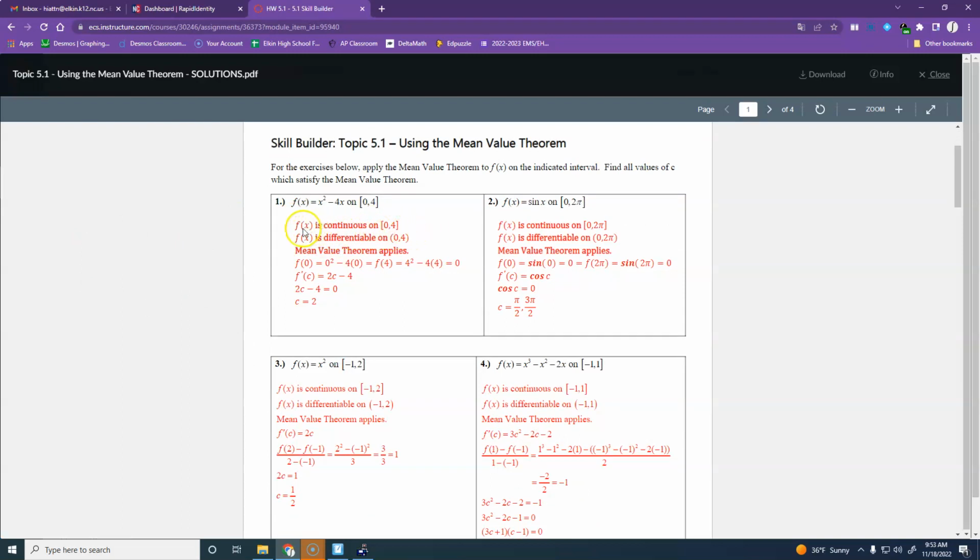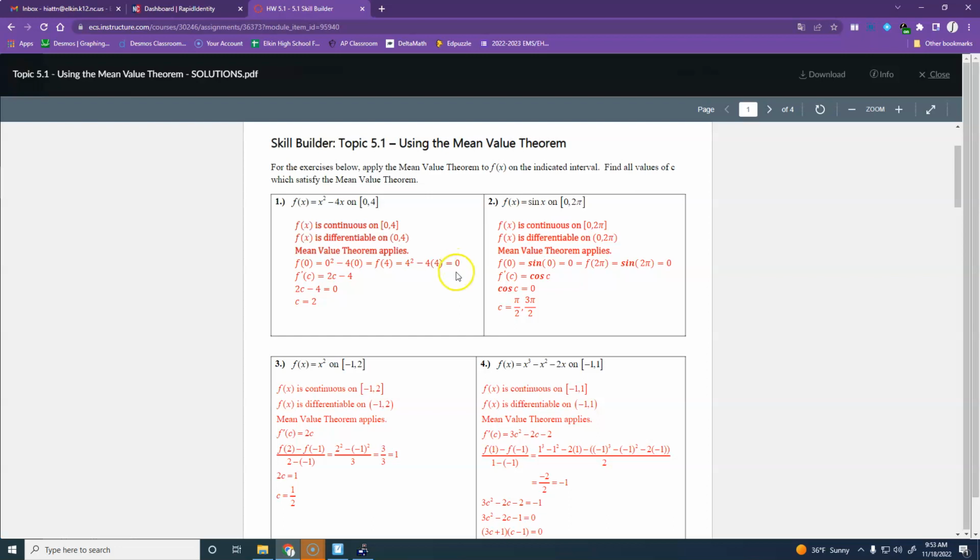All right, so on these, I am encouraging you, for your own goodness, you can see on the key that he writes F is continuous, F is differentiable for all of these, and then says mean value theorem applies. That would really be the best if you did that.